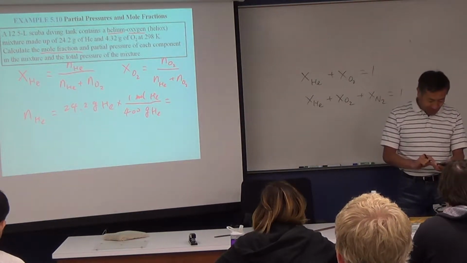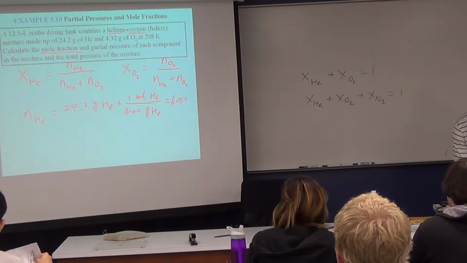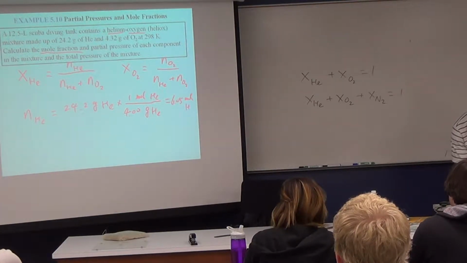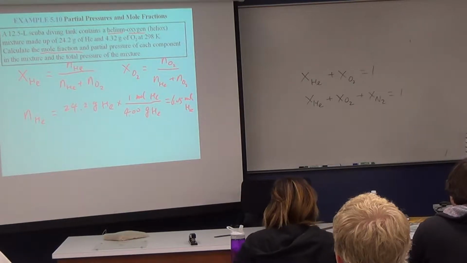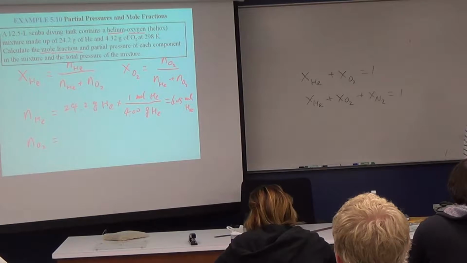22.4 divided by 4, and you get 6.05 mole of helium. Similar story, you get the mole of O2 equals the mass of O2.